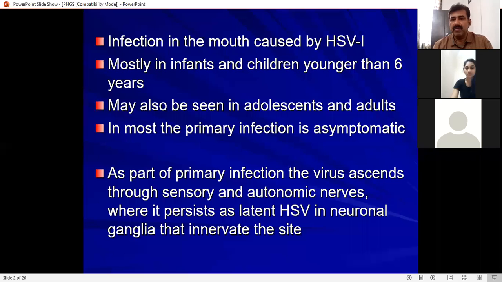After the primary infection, this virus ascends through the sensory and the autonomic nerves, and persists as latent herpes simplex virus, in the area that the sensory ganglia innervates.